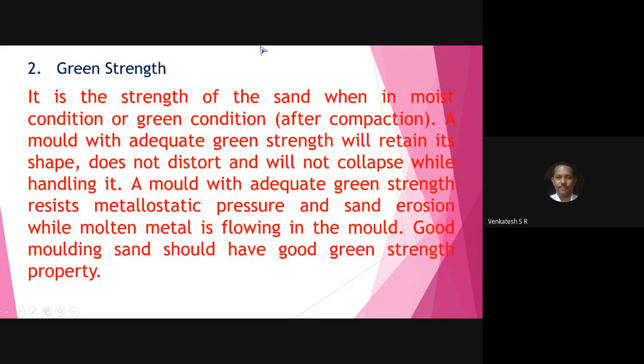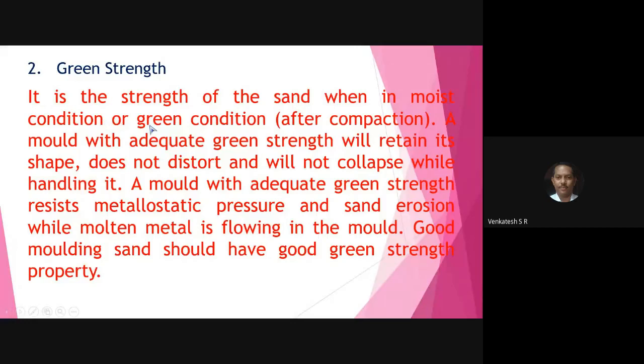Next, come to the point, the green strength. See, the strength of the mold is very, very important. Green means the mold cavity should withstand the pressure and the force coming from the liquid metal. The green strength is nothing but the strength of the mold cavity in moist condition.